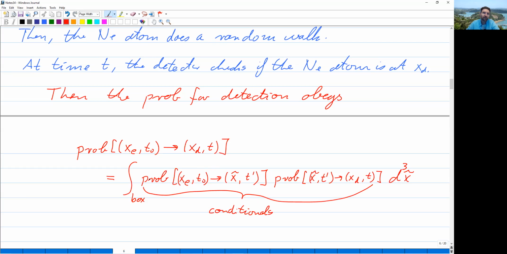So we have to take the probability that it makes it to the intermediate position x tilde, and then multiply it with the probability that it goes from that intermediate position to the detector. And here we are integrating over the volume of the box. This is the addition rule for alternatives.